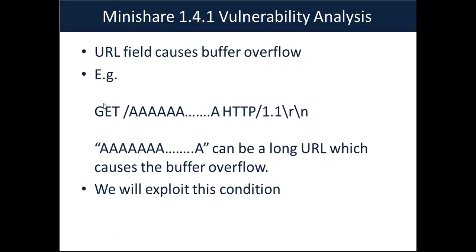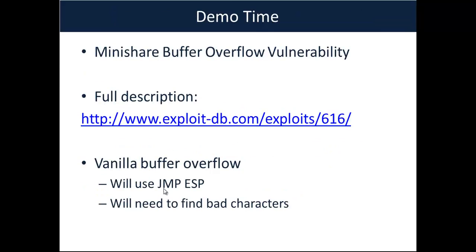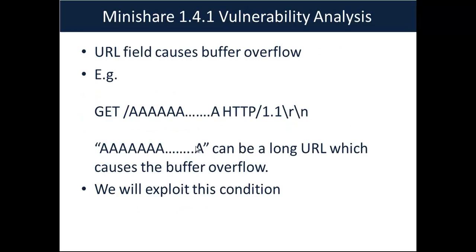Note, we are not doing any zero-day vulnerability discovery here because we are not trying to find the vulnerability ourselves. We have taken a vulnerability described in exploit-db, and now we are looking at how to recreate and exploit it in our own lab. Finding vulnerabilities using fuzzing and other techniques is something we will take up in later videos.